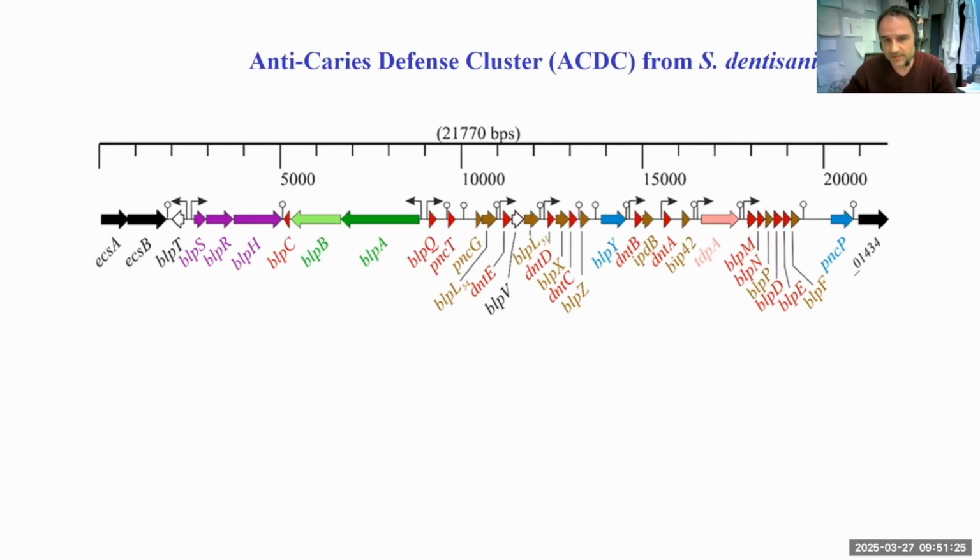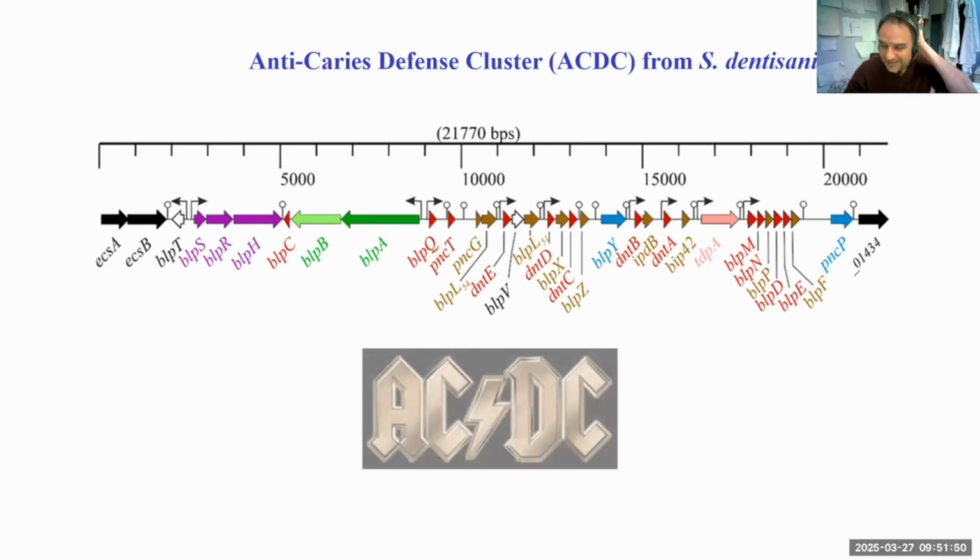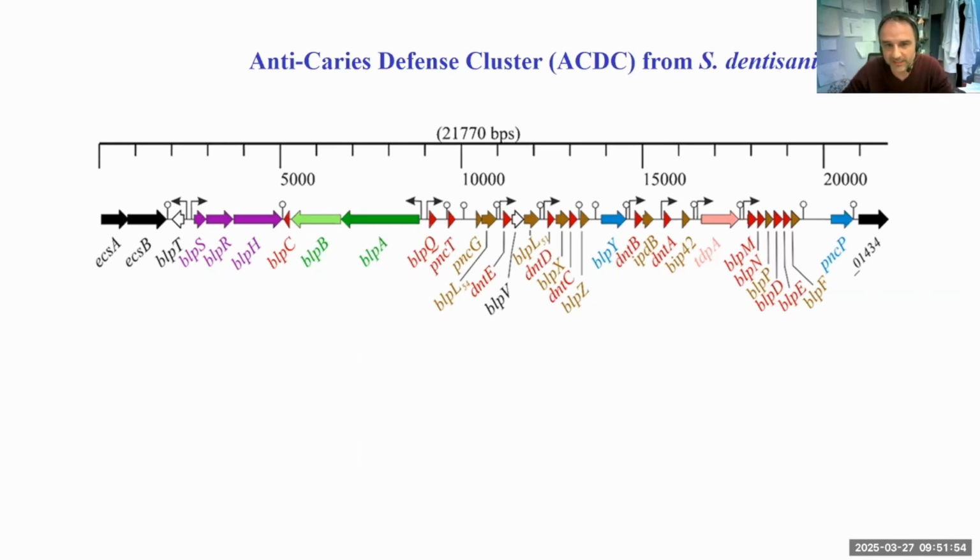Most of these genes encoding the bacteriocins in S. dentisani appear to be all close to each other in the genome in a cluster. There are these very tiny genes here because they encode peptides which are between 30 and 50 amino acids, so they are very small. This cluster of the genome we have called the anti-caries defense cluster, ACDC, because I liked a lot this music band in the past, and I thought it would be fun to give it that name.